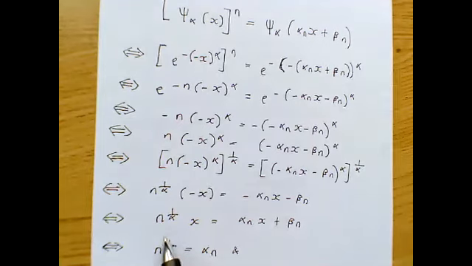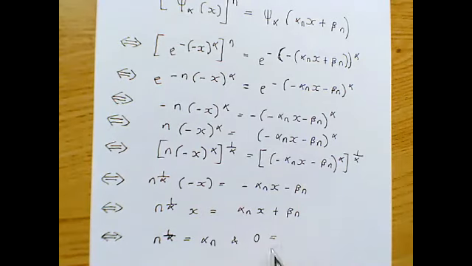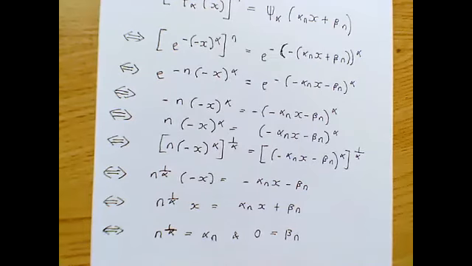And the constant on the left hand side is 0, and the constant on the right hand side is this. So hence we have shown that beta n is 0 and alpha n is there.